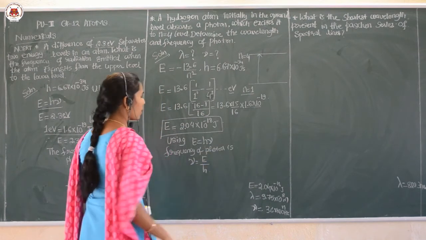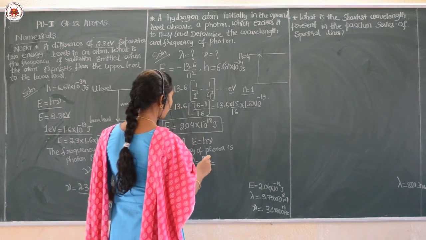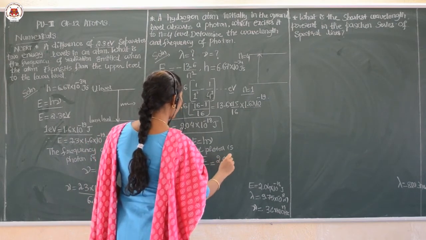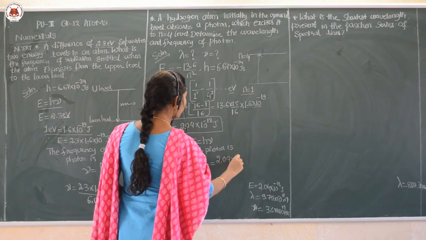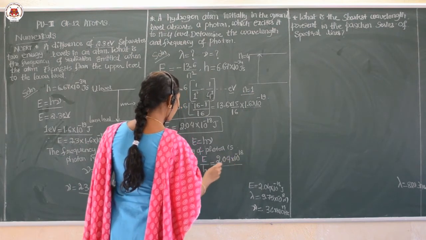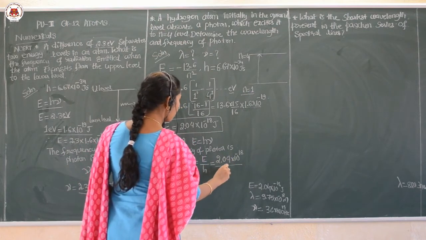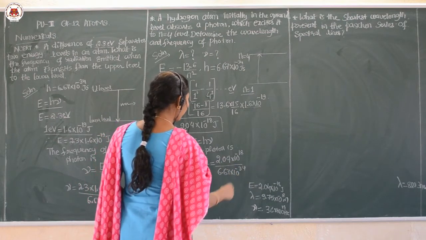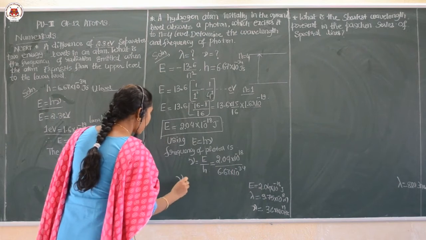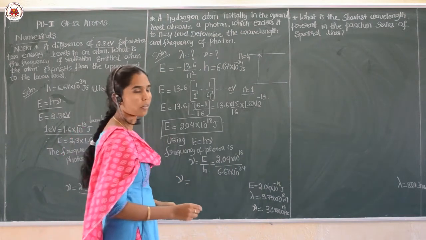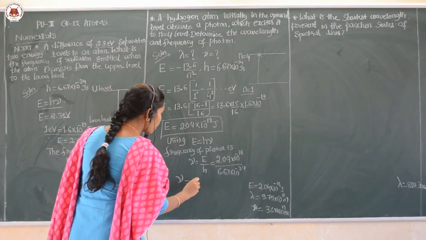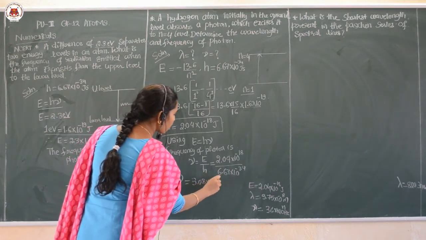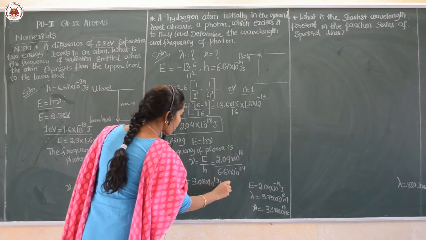Then E we already obtained from the last step, 2.04 into 10 raised to minus 18, upon h, that is 6.67 into 10 raised to minus 34. If you simplify this, we get the frequency of the photon nu equal to 3.08 into 10 to the power 19 hertz.